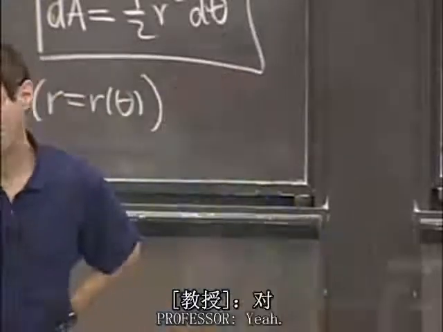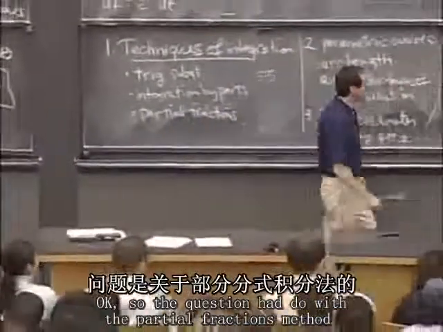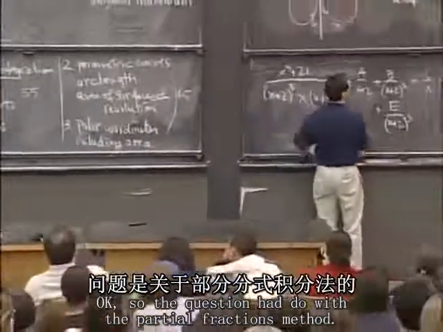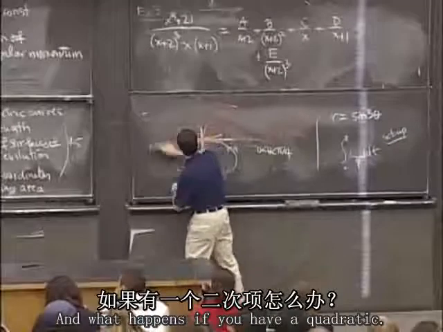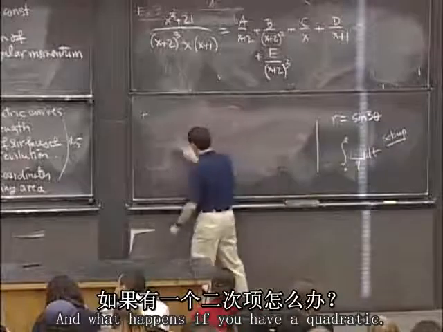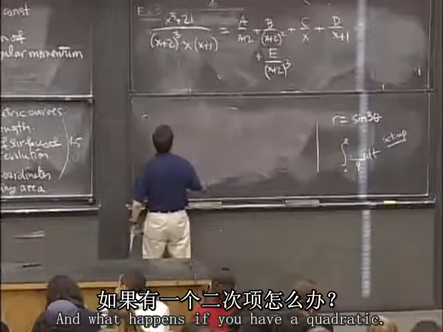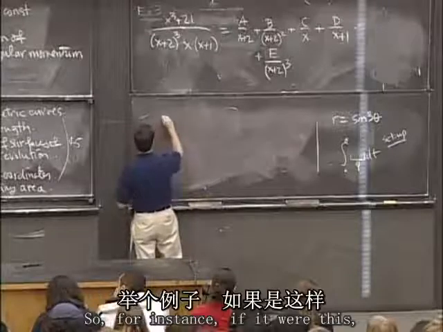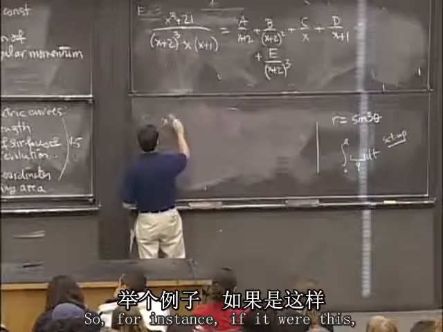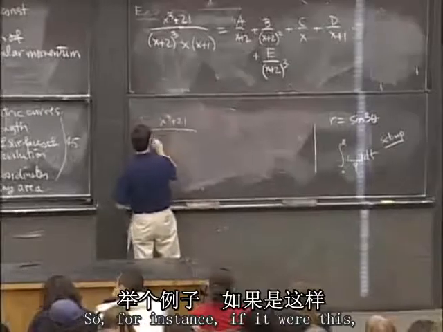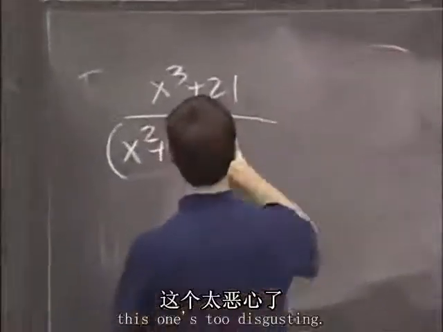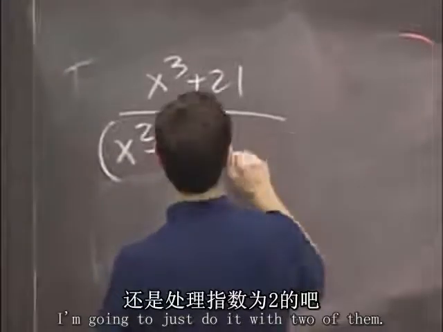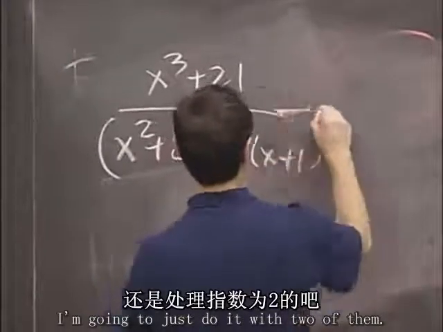Yeah. Okay, so the question had to do with the partial fractions method. And what happens if you have a quadratic? So for instance, if it were this one, it's too disgusting. I'm going to just do it with two of them. All right?